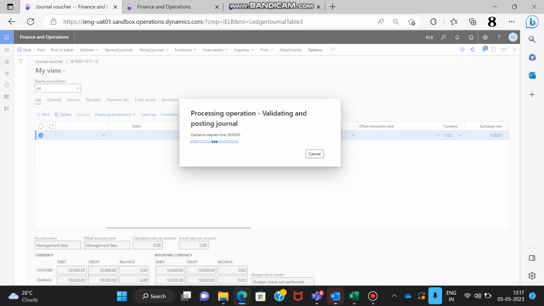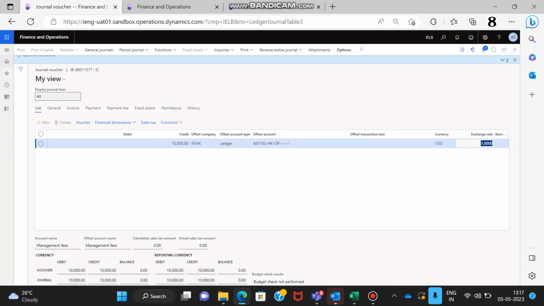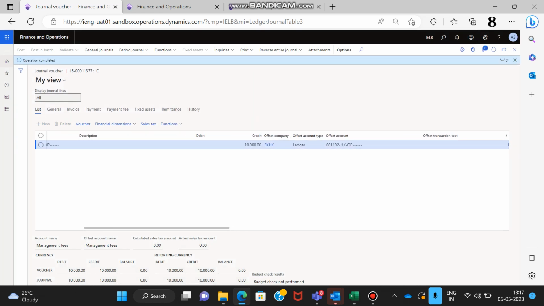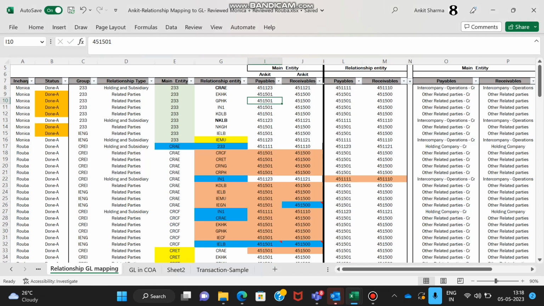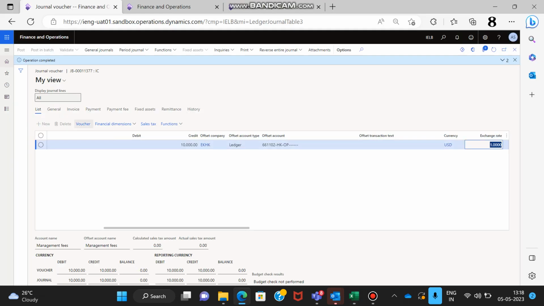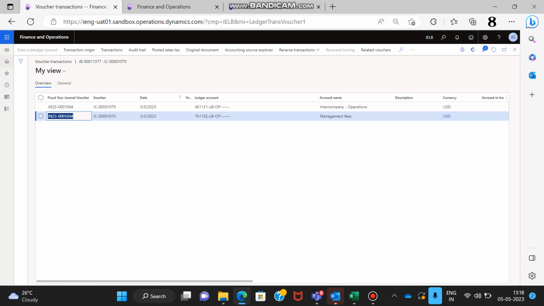what you will see is that a GL to GL entry is being done. Where is the intercompany account? As I told you, we have already mapped all the relationships that can exist in our group, and the GL we have already linked. So in this transaction, if I go and select the voucher in the books of ILB, you can see the income account is credited for management fee and the intercompany operation account is debited.